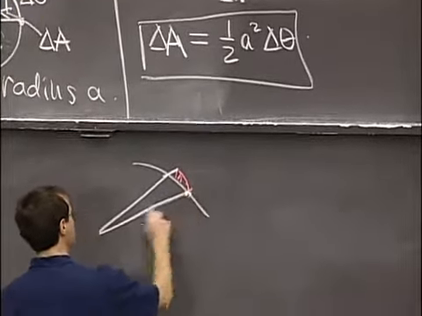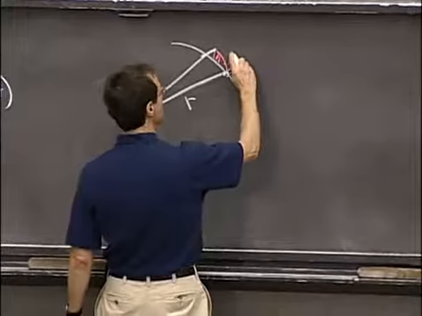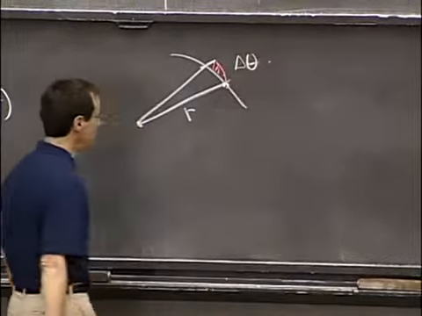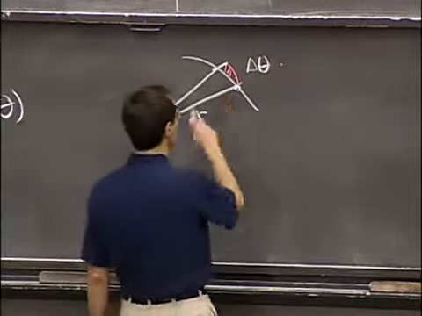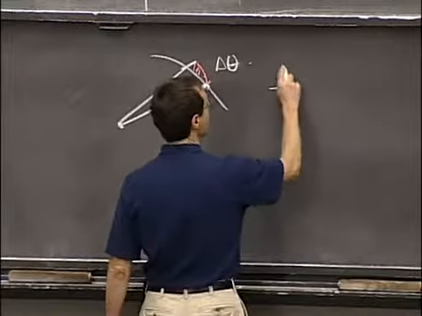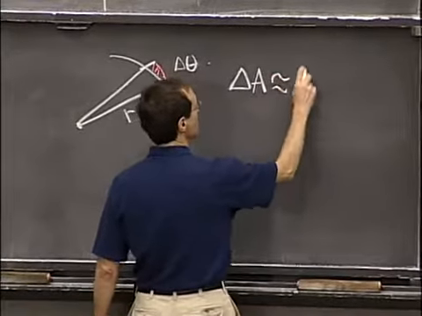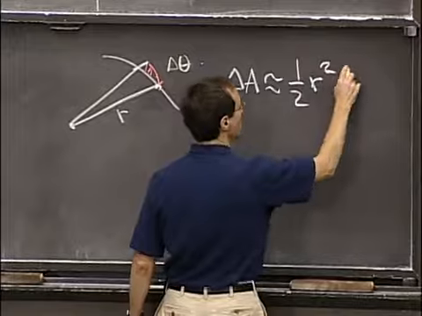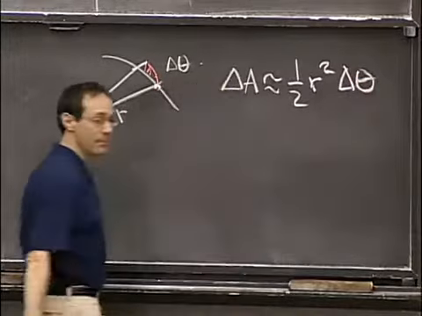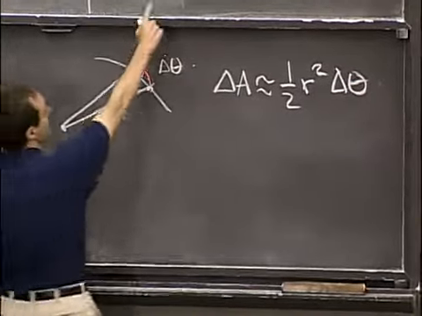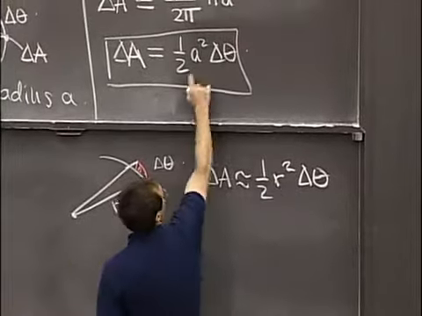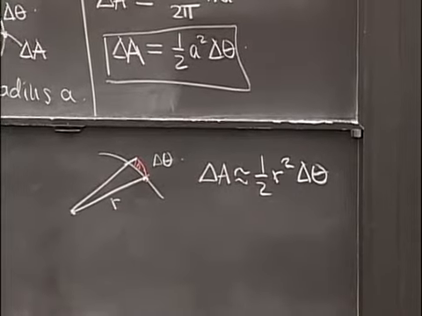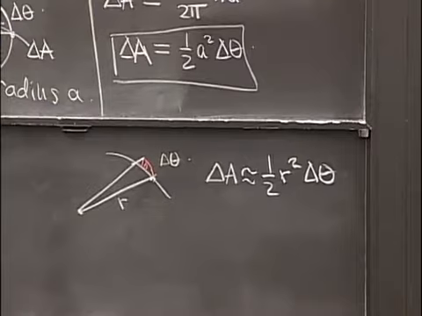So this radius is r, and this is delta theta. And so in the approximate case, what we have is delta A is approximately 1/2 r squared delta theta, which is practically the same thing we had here, except that r is replacing the constant there. And it's approximately true because r is varying.